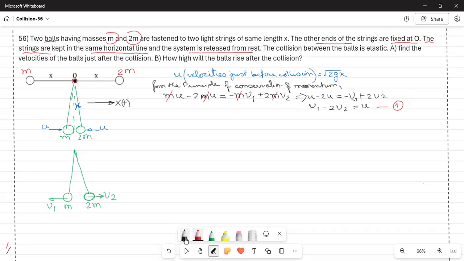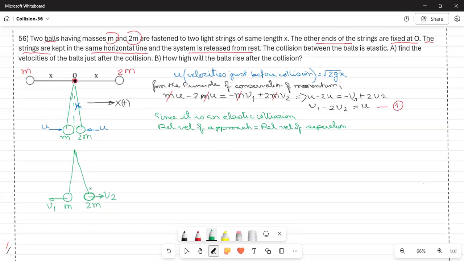Since it is a perfectly elastic collision, the relative velocity of approach equals the relative velocity of separation.